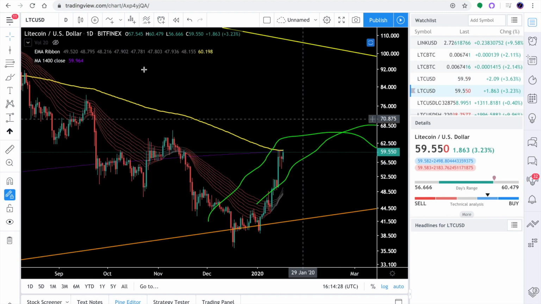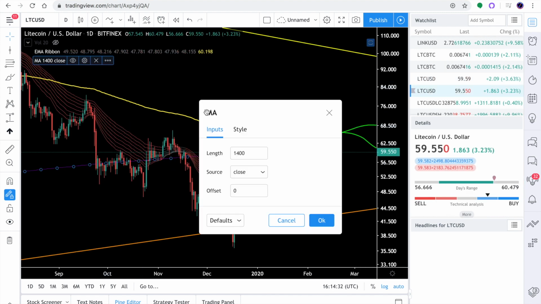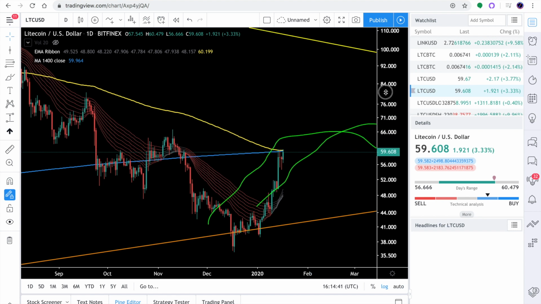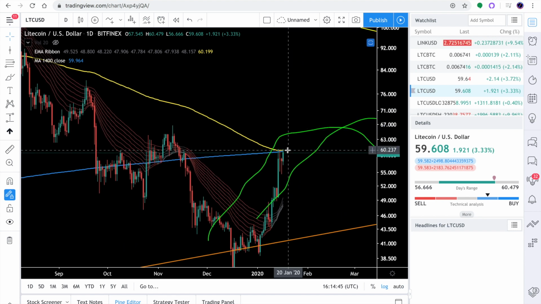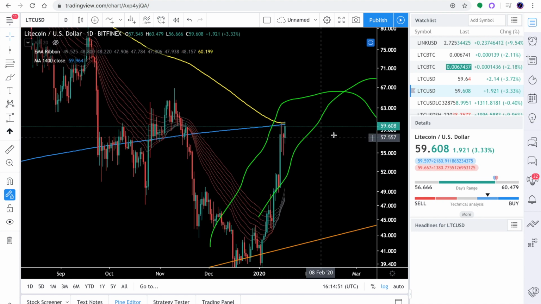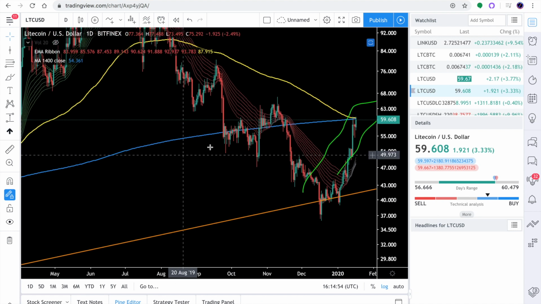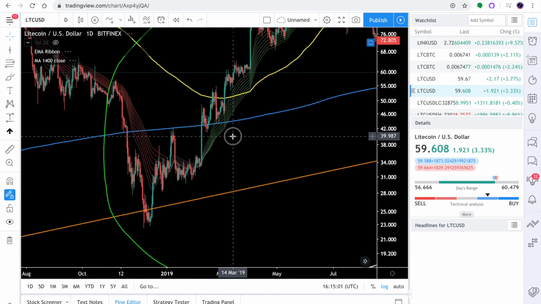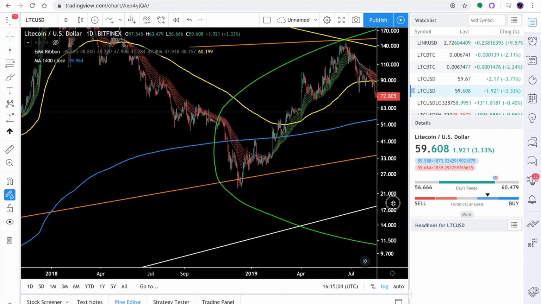Not enough data. All right, so we're going to put that here. Let's do this so you guys can see it. The 200-day and the 200-week are creating some massive pressure on Litecoin right now. That's why 4 days of wicks up there. It can't break it yet. But if we go back to, where was it? Let's go back.